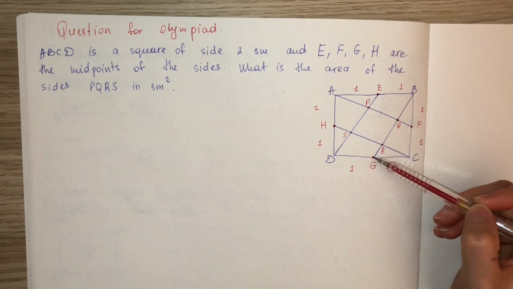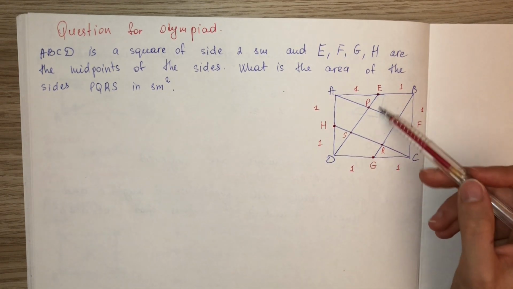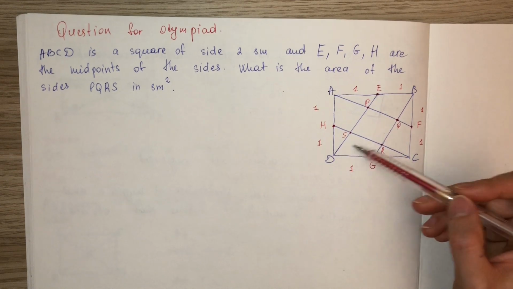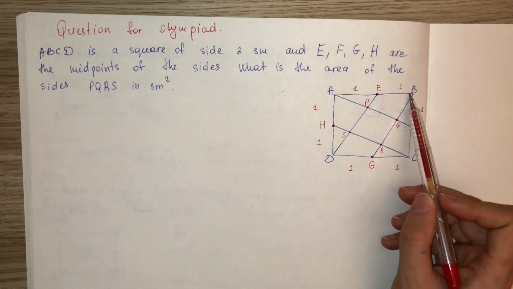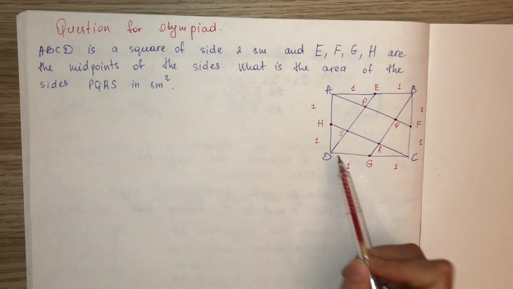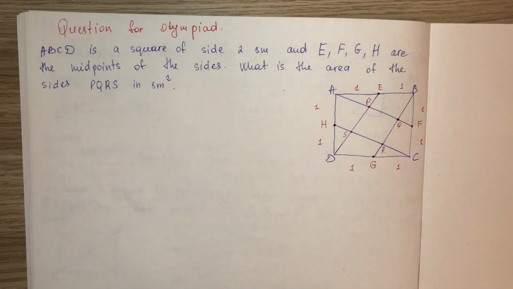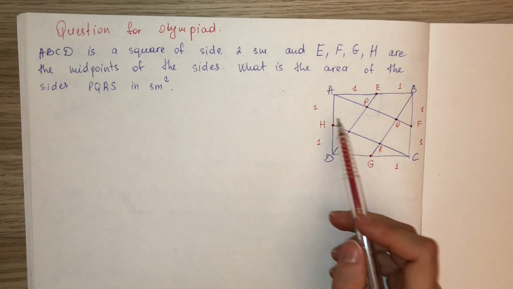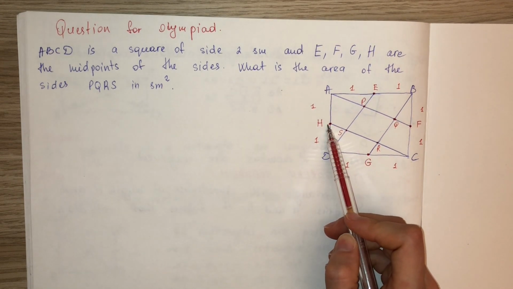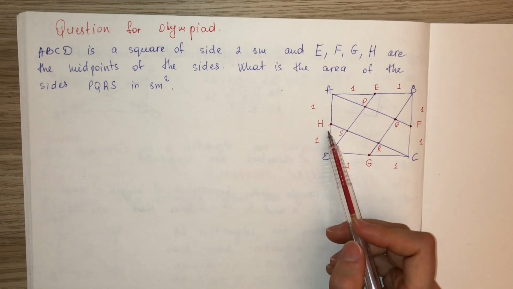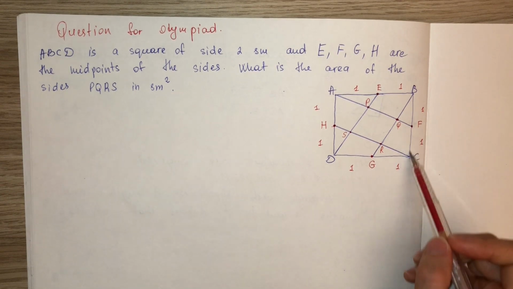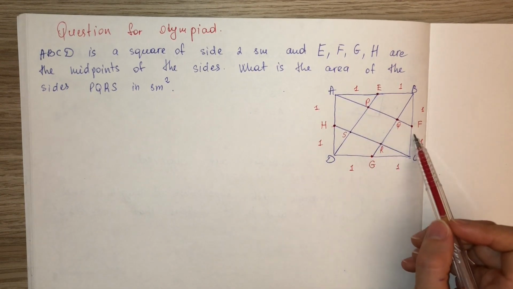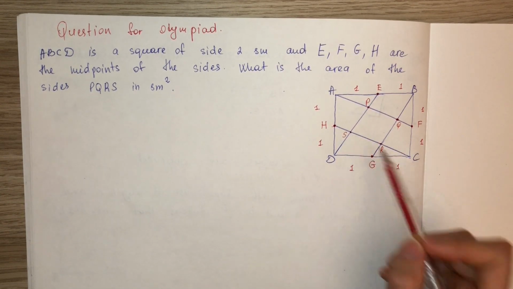DE is parallel to GB and the lengths are equal. Also EB is parallel to DG and the lengths are equal. Also AFCH is a parallelogram because each pair of opposite sides are equal and parallel.